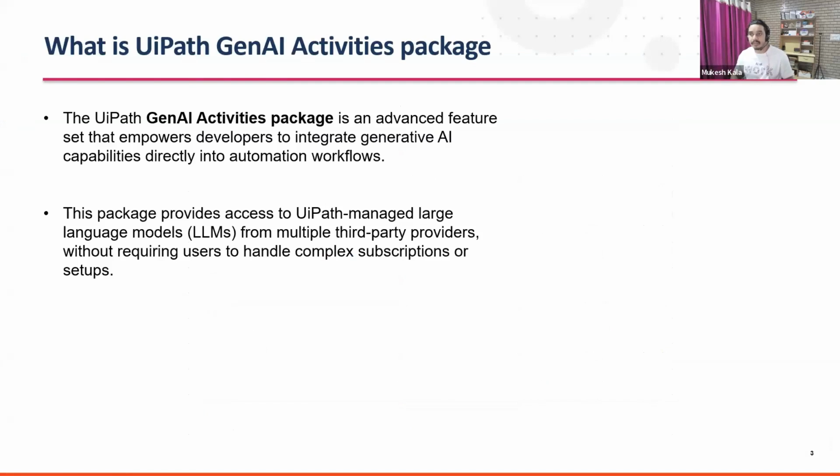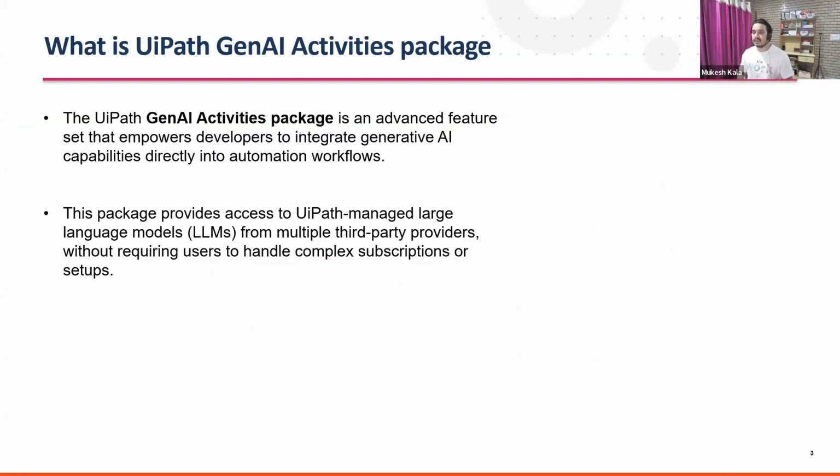What exactly is the generative AI activity? Today, for example, if you are coming from a Java, .NET, C Sharp, or Python background, you have to integrate AI into your coding or your automation. Can you do it? The answer is yes. I have to call an API, get a subscription from ChatGPT, do a lot of stuff, and then manipulate the data.